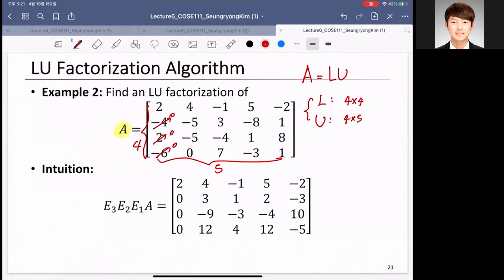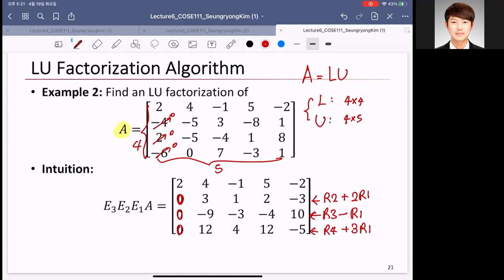So new R2 should be R2 plus 2R1 to make this term 0. R3 should be the previous R3 minus R1 to make this one 0. And R4 should be R4 plus 3 times R1, so it's going to be 0.